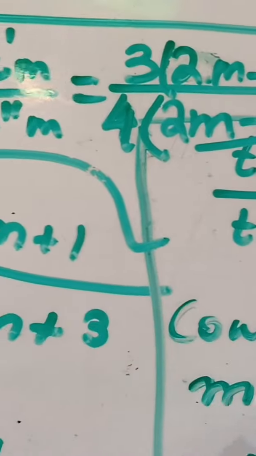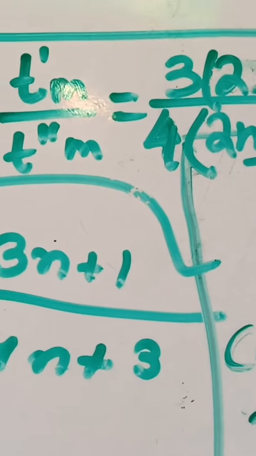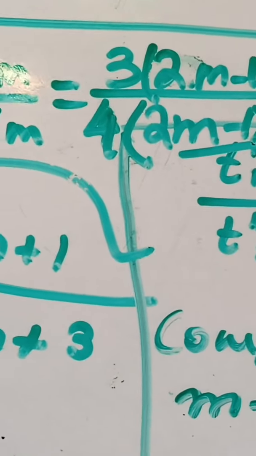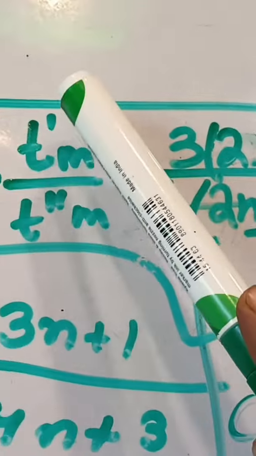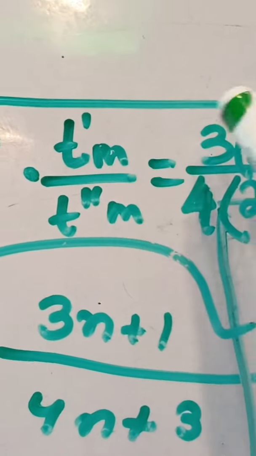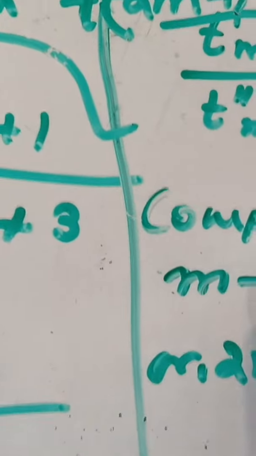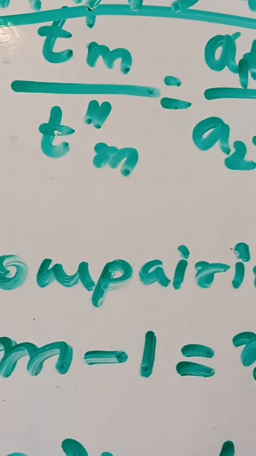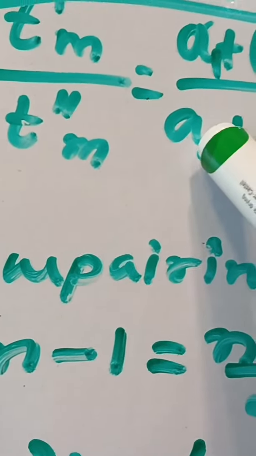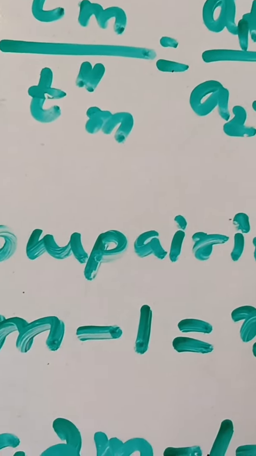Because we have to find the ratio of the mth terms of the series. So if I think about the mth term of the series, the ratio will be a1 plus m minus 1 into d1 by a2 plus m minus 1 into d2.